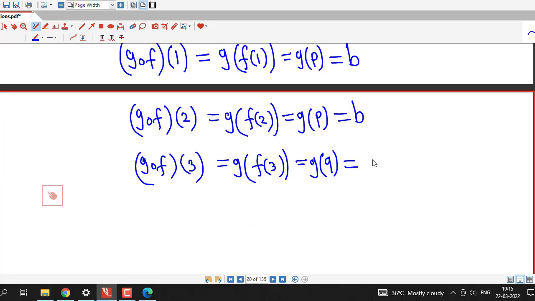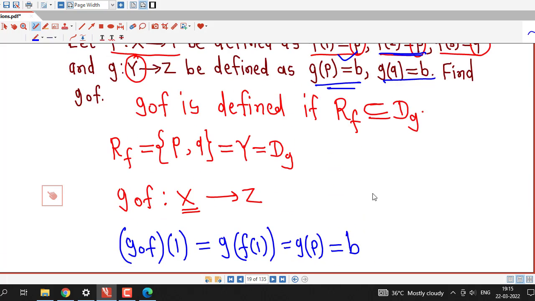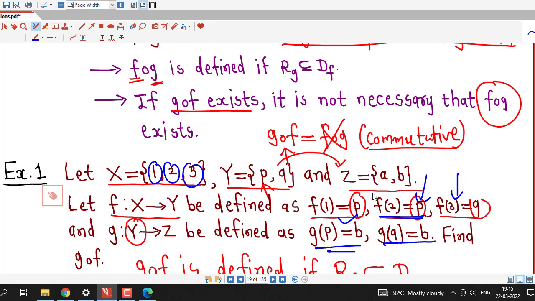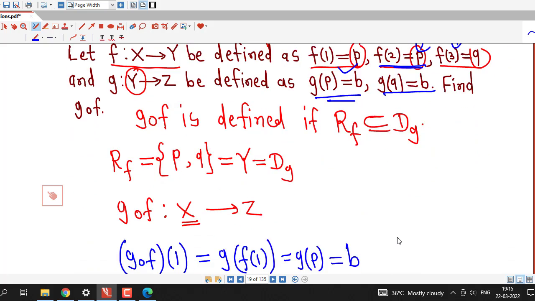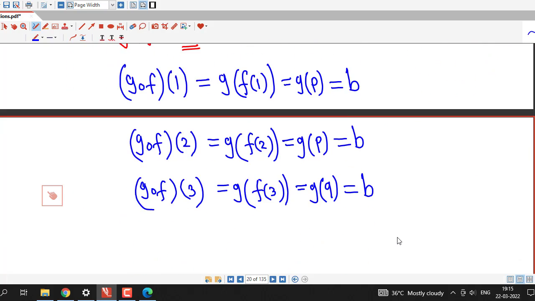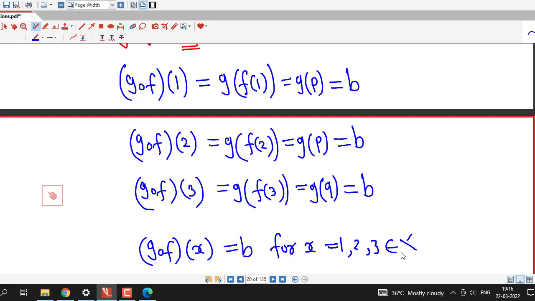So we can see g of p and g of q both are equal to b. That is the reason why we obtain g o f at each point equal to b. So g o f at point x equal to b for x equal to 1, 2, 3 in this set X.